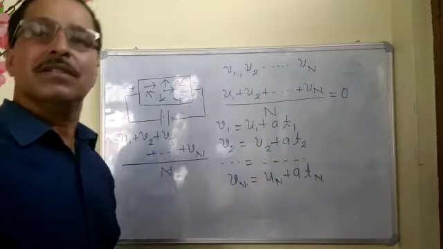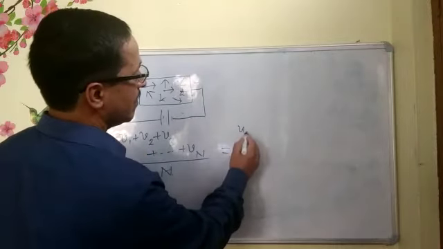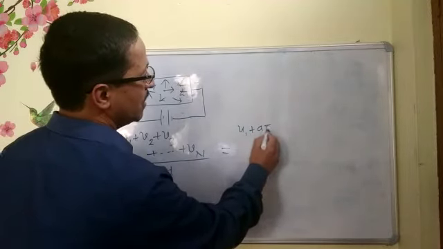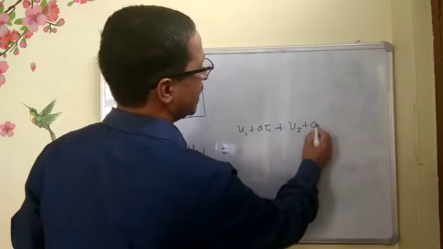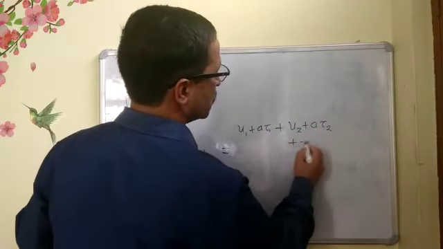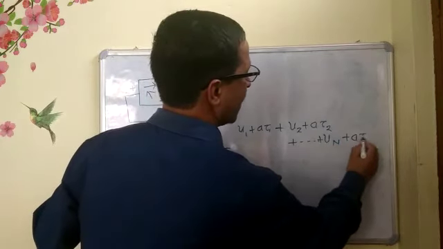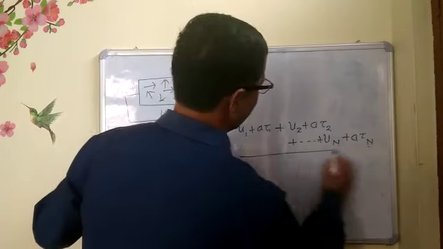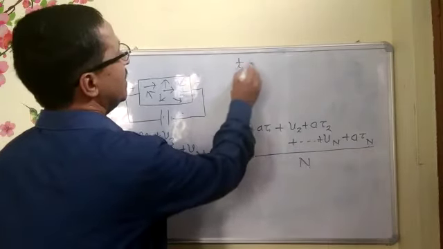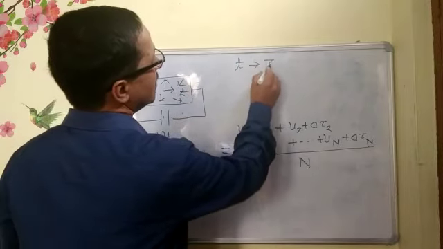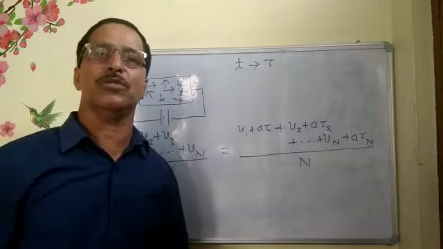becomes (u1 + a tau1 + u2 + a tau2 + ... + un + a taun) divided by n. I have replaced the time t by the letter tau here, which is very common in our books.